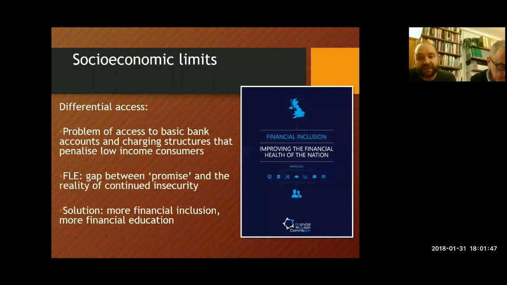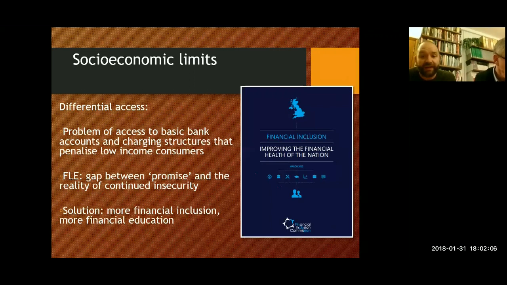A second limitation of the concept of financial inclusion is the actual failure of these policies, on their own terms, to make significant inroads on issues of poverty and socioeconomic marginalisation.